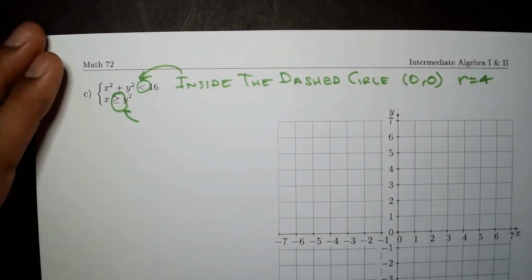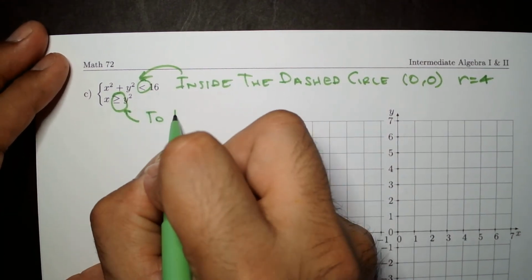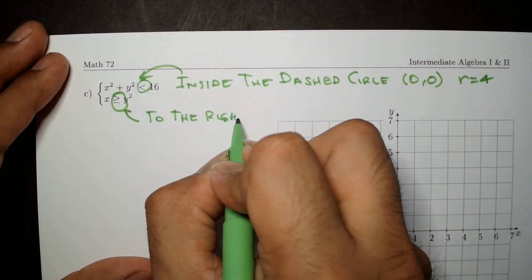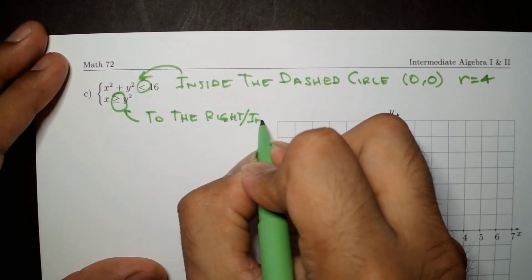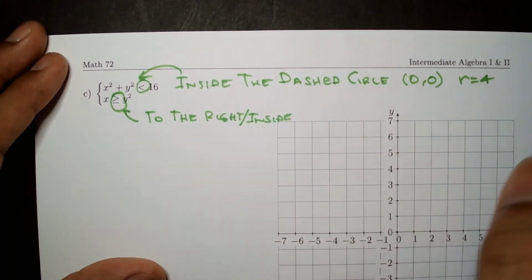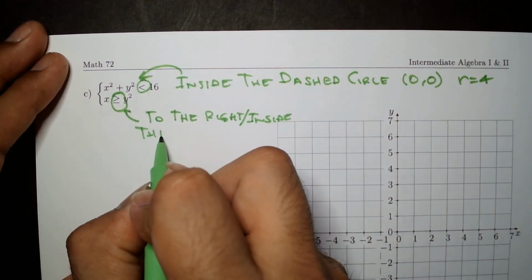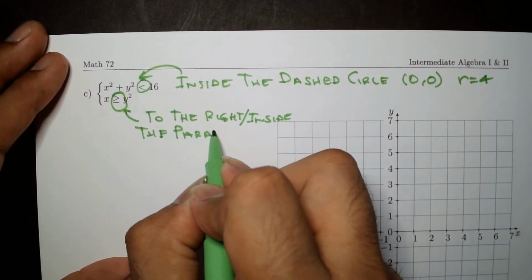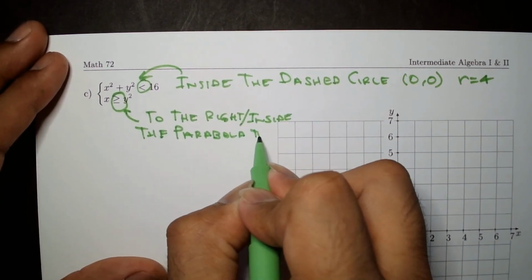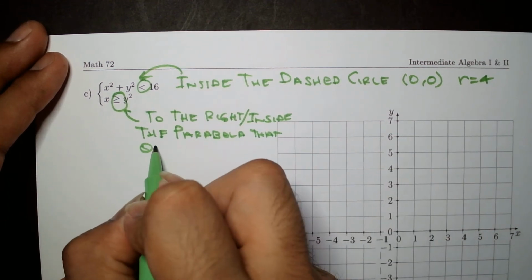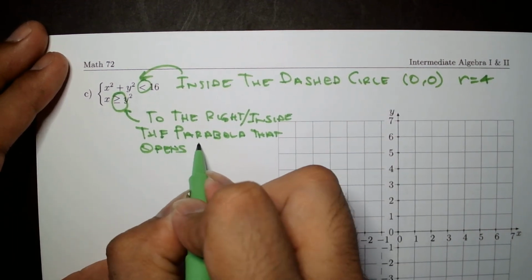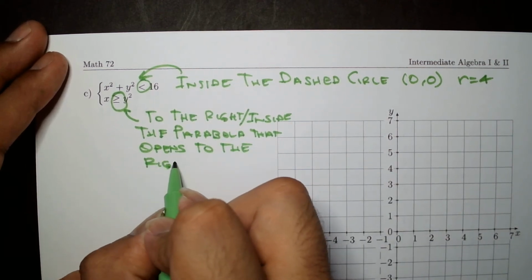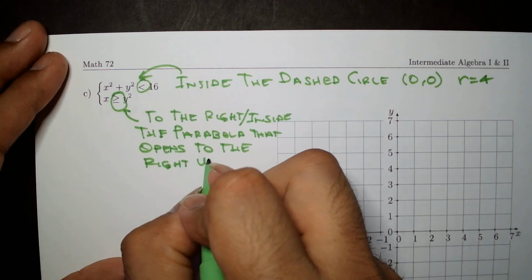So in this case, it's going to be to the right, or inside, the parabola that opens to the right with vertex at 0, 0.